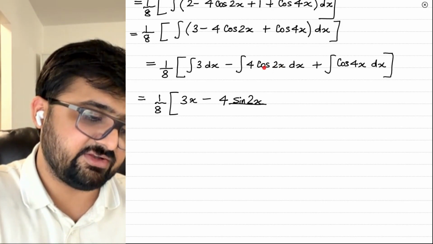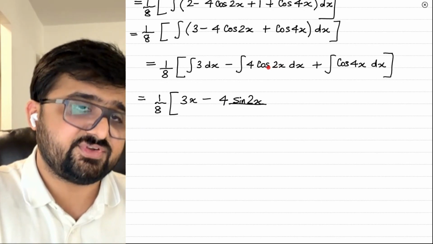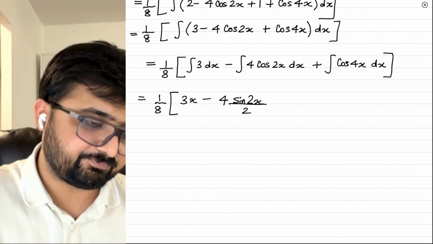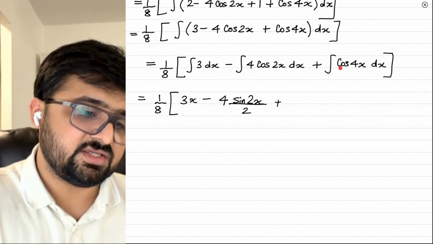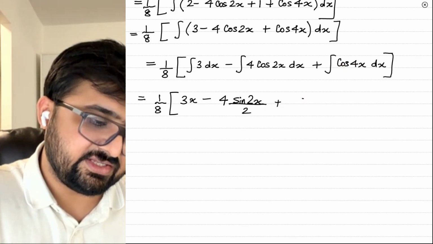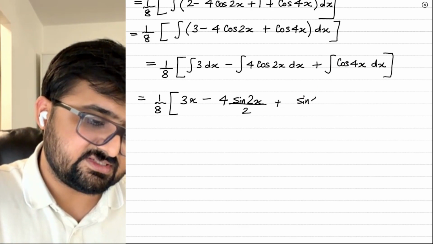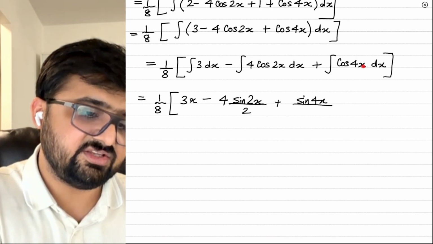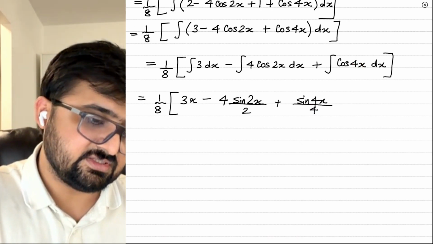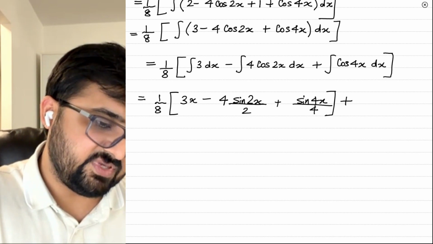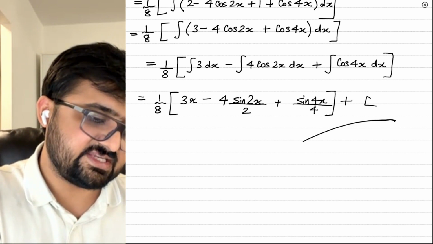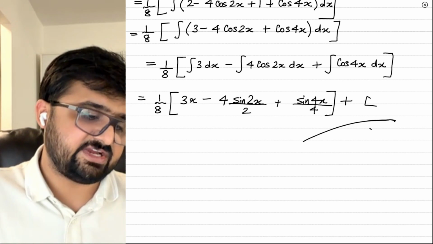Always remember to divide after integrating. Always remember to divide by the coefficient of x, plus cos 4x. Again, the integration is sine 4x divided by the coefficient of x, which is 4, plus add the constant of integration c, and that's your final result.